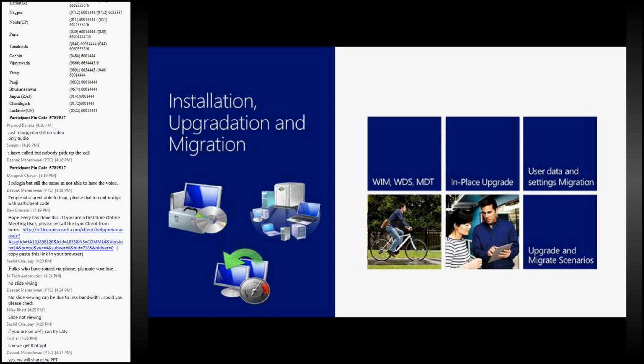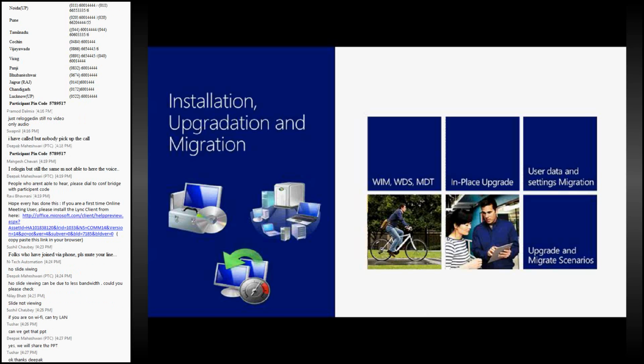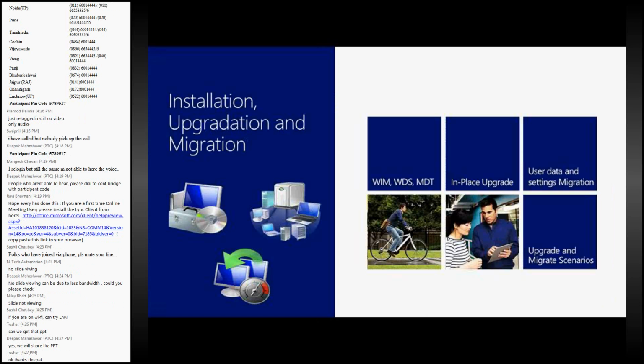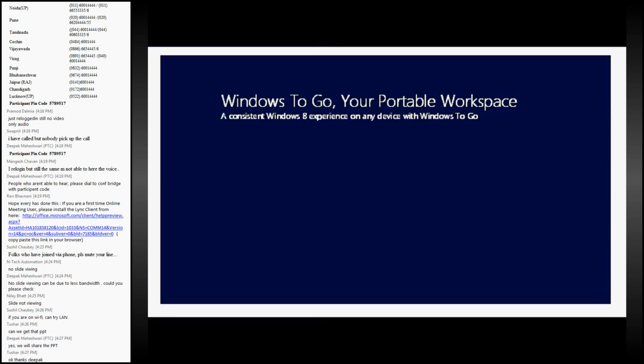We also have the inclusion of USMT, which runs seamlessly in the background on Windows 8. Yes, this is one area that we have discussed earlier. We just talked about it quickly, and let's understand how Windows to Go helps you.